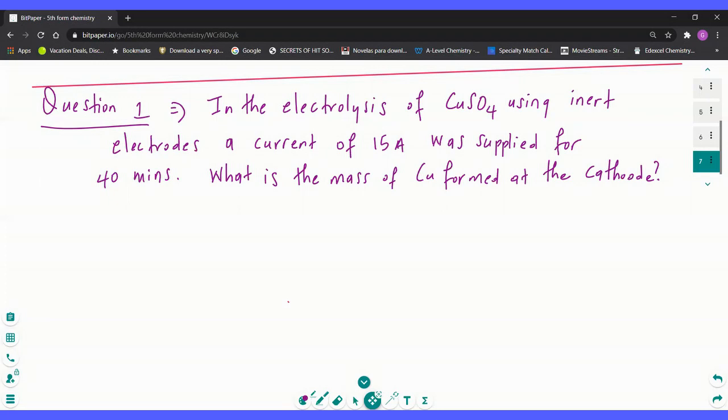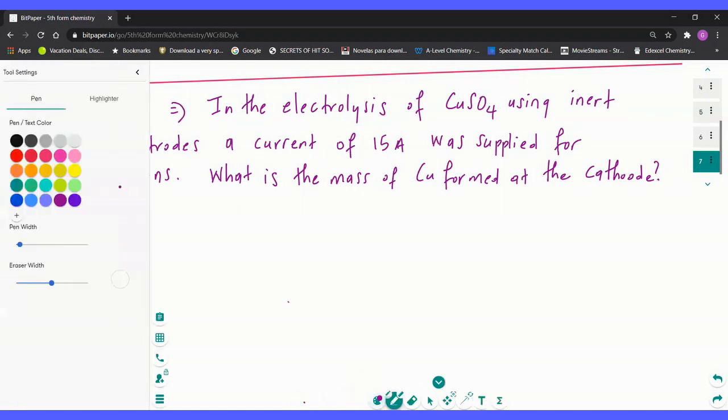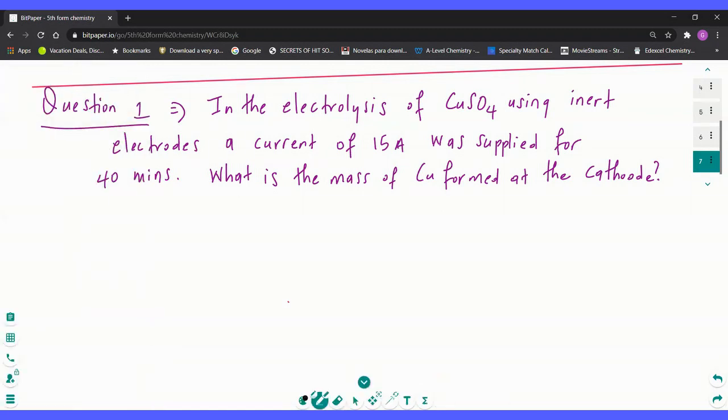Now, what is the first thing you would do if you are asked a question like this? The first thing you should do is to calculate the charge. So Q, which is our charge, is equal to IT.